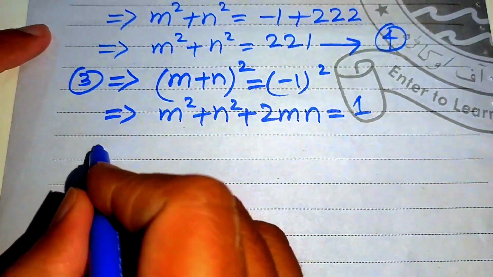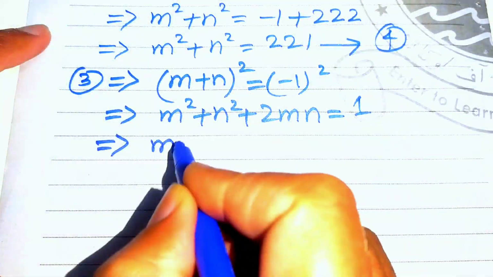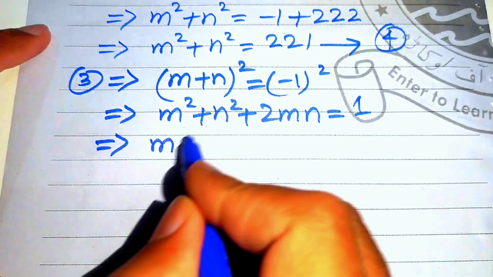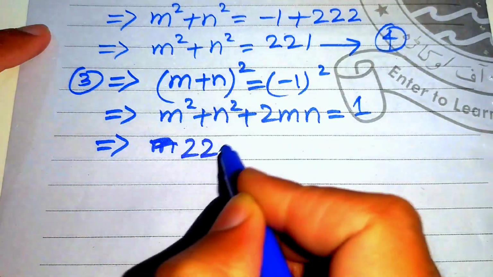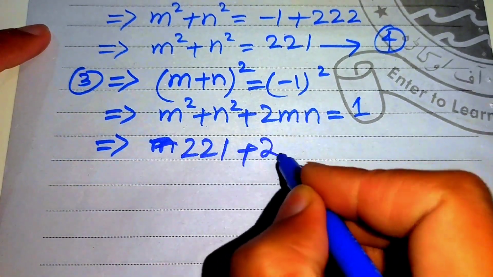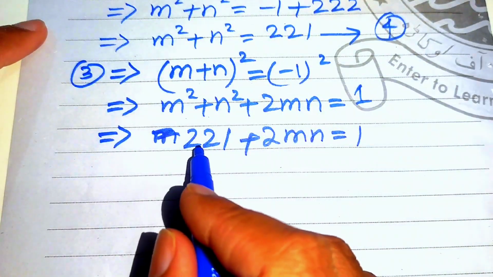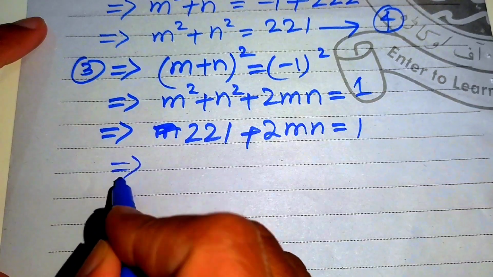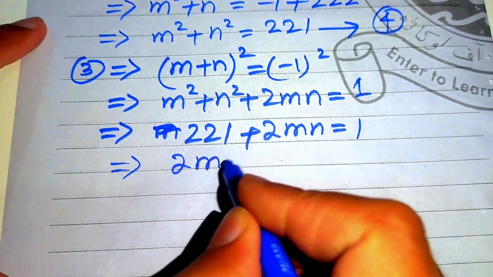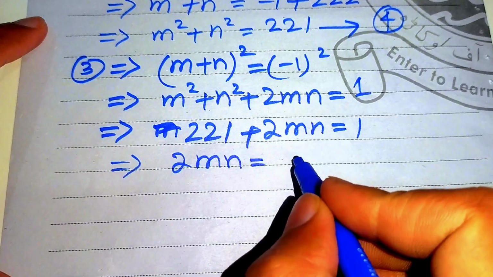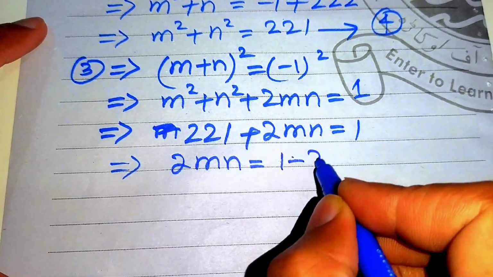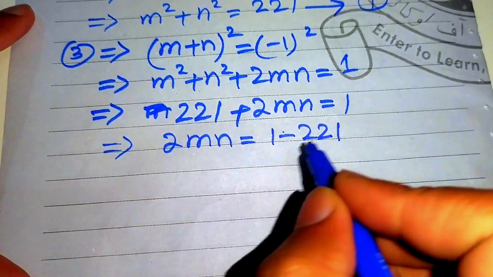So we put this value here and we obtain m square plus n square is 221 plus 2mn equals 1. So we move this 221 to the right hand side and we get 2 times m into n equals 1 minus 221.